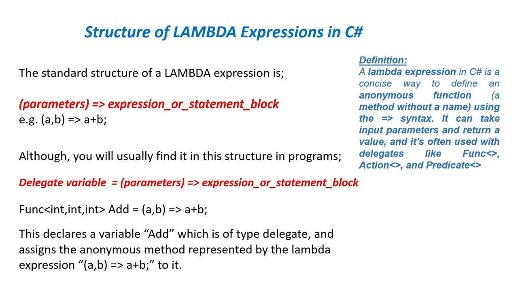It's usually used as a way of assigning an anonymous method to a delegate variable, and that's why this second part comes up. But like I said, if it looks a bit confusing now, don't worry, it will all get clear as we progress in this video.